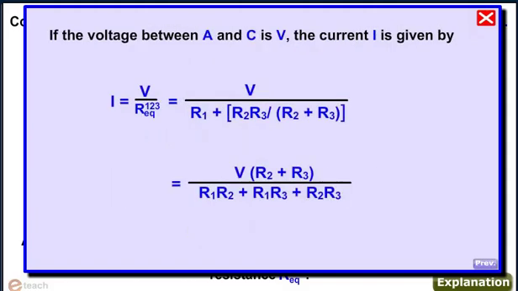If the voltage between A and C is V, the current I is given as shown.